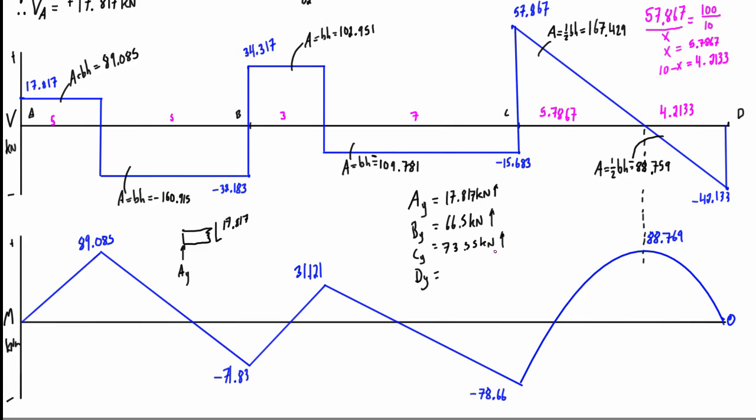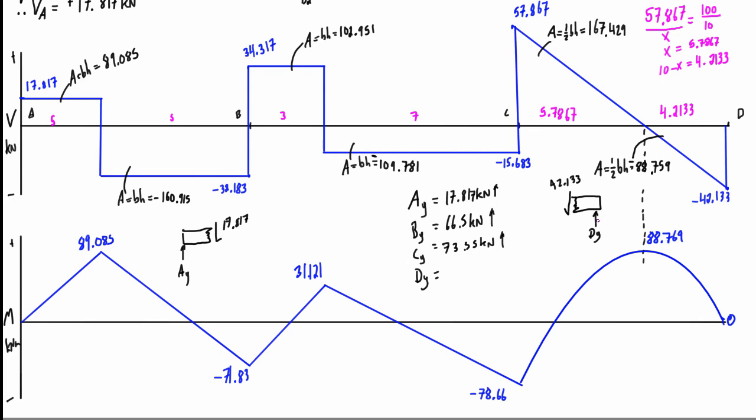going up. And then lastly, for the reaction at DY, again, if we do a little virtual cut in a free body diagram, let's draw DY pressing up, and we take a cut just to the left of point D. So we have a negative shear at this point. That negative shear on the left of a virtual cut would be pointing down, opposite of the positive sign convention. And the magnitude of that is 42.133.